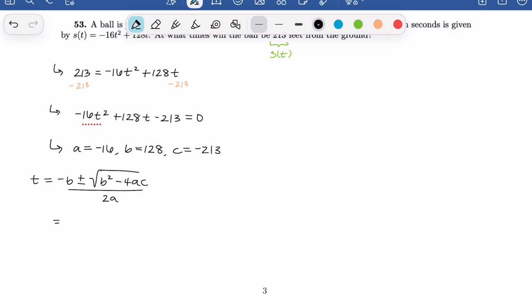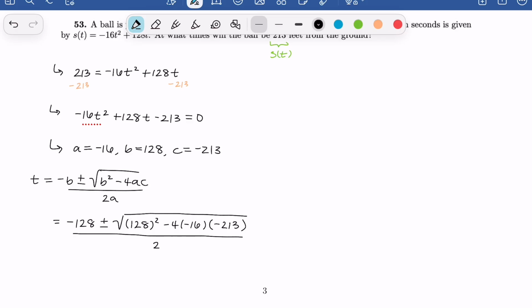B is going to be 128, so the opposite of that is going to give us negative 128. Underneath our radical, we're going to have 128 squared minus 4 times a, which is negative 16, times c, negative 213. This entire thing is going to be underneath our square root, and all of this is going to be divided by 2 times a.